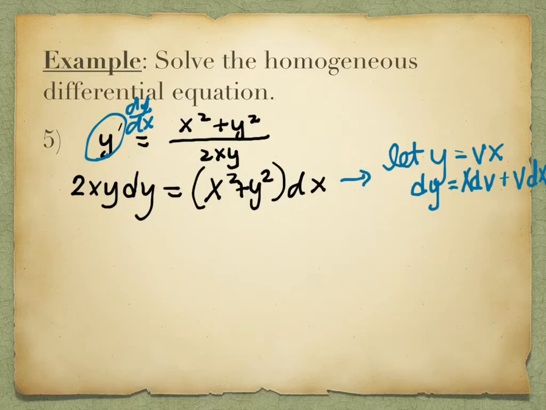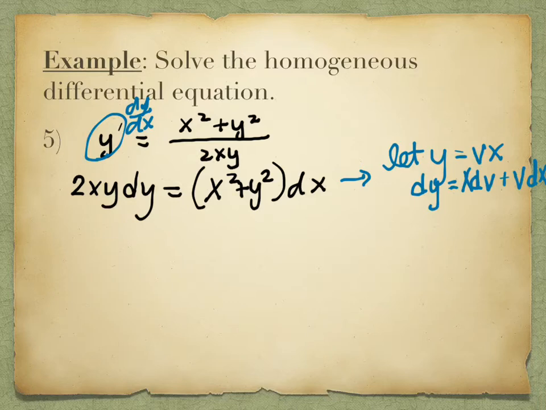Now, the reason that I need that is because if you look back in your equation, do you see how your equation has x, y, a dx, and a dy? It has 4 different unknown quantities, x, y, dx, and dy. 2 of them have to do with y. So if I remove y by substituting in vx, I can't have the dy still in the formula, right? That's not going to work.